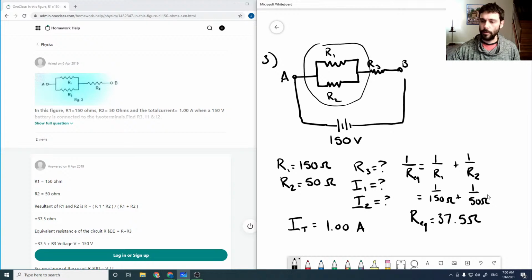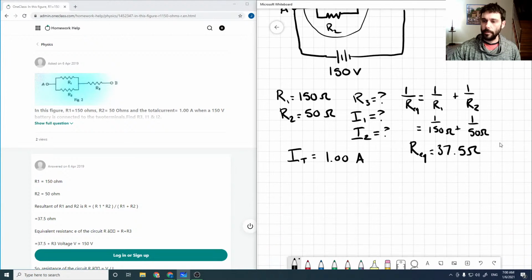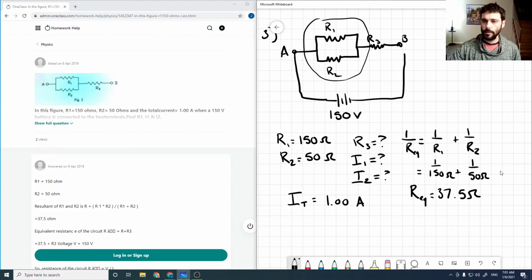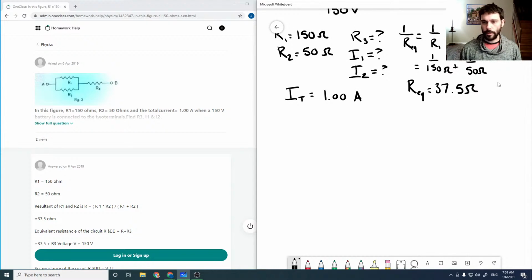And so then we can compute our voltage drop across this equivalent resistance. If we were to redraw the circuit, we really just have A to B, and we have this R equivalent here, and R3, and we know we have 150 volts here, 0 volts here, so across the equivalent resistance we have to drop our full 150 volts.